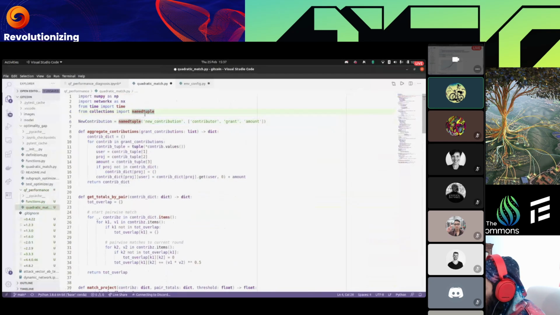The idea of the named tuple is that it allows us to create Python objects.